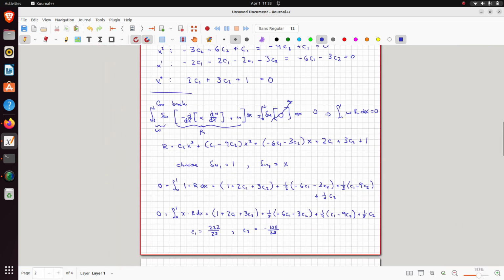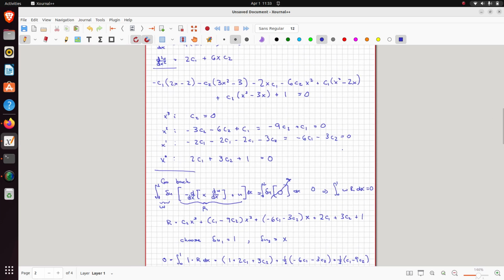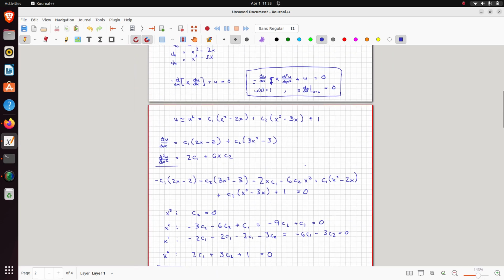So if we take those two coefficients and plug them back into this approximation here, then this is an approximation to the real solution U. Now we'll see later how good of an approximation it is, but it's an approximation.